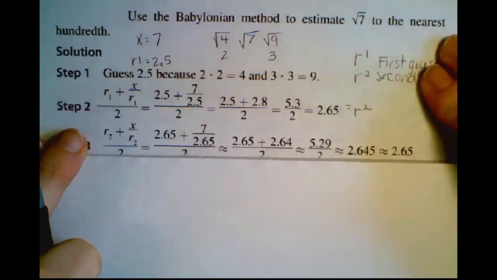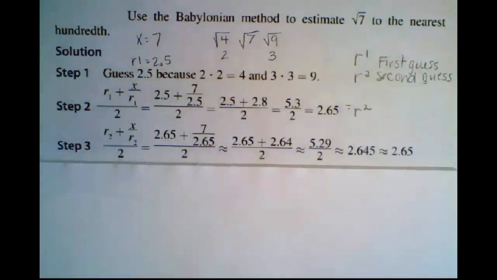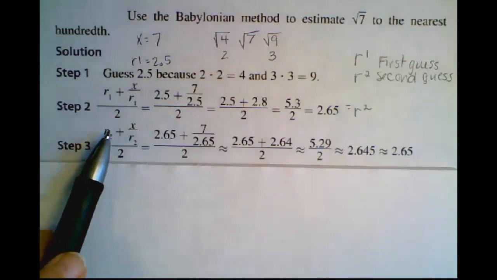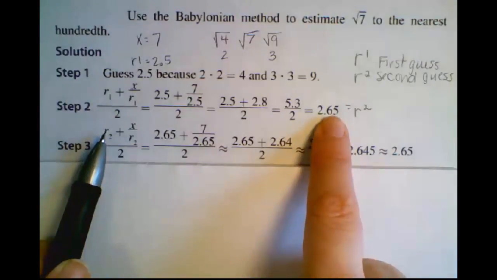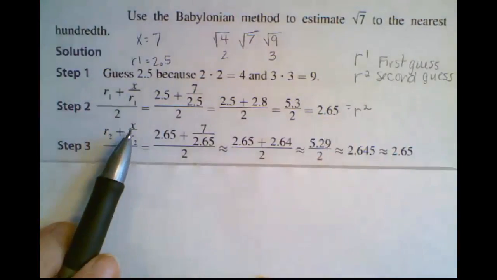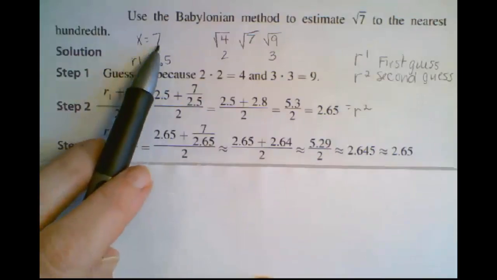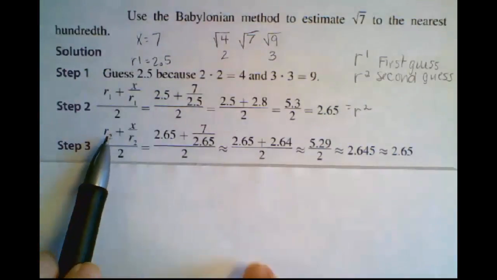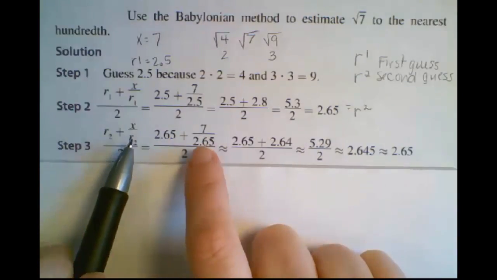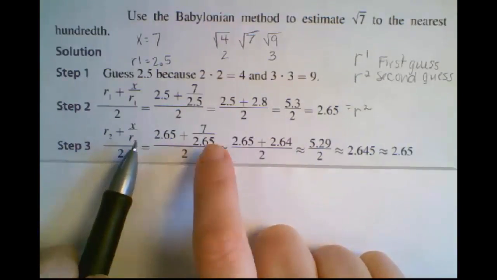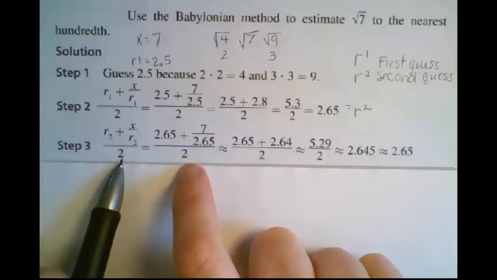So now we do the same thing again, only instead of using our initial guess of 2.5, now we're using 2.65. You use the same X value, it's 7. So we're going to take our second guess plus 7 over our second guess, all divided by 2.